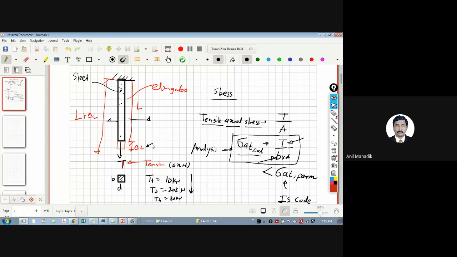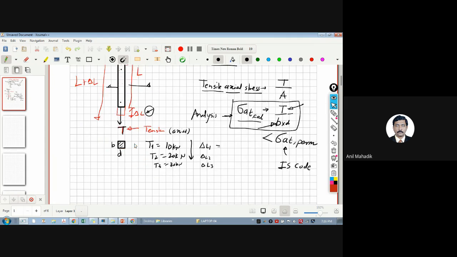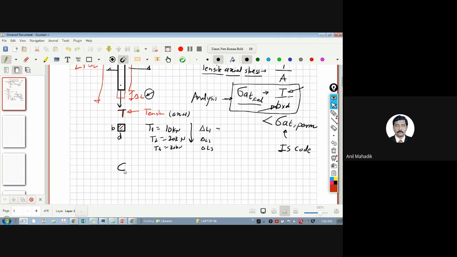And the elongation will also go on increasing. Say for T1 it is delta L1, for T2 it is delta L2, for T3 it is delta L3, right? So all of you know that due to the elongation or change in length, there will be strain in the member. Strain is a term that we denote by epsilon.